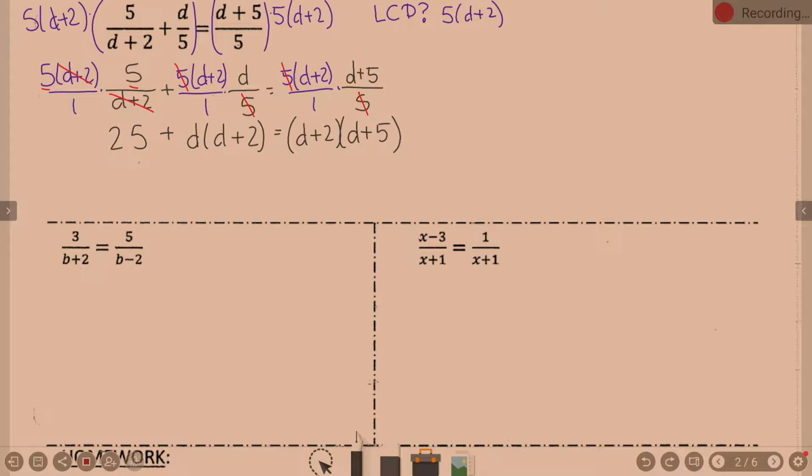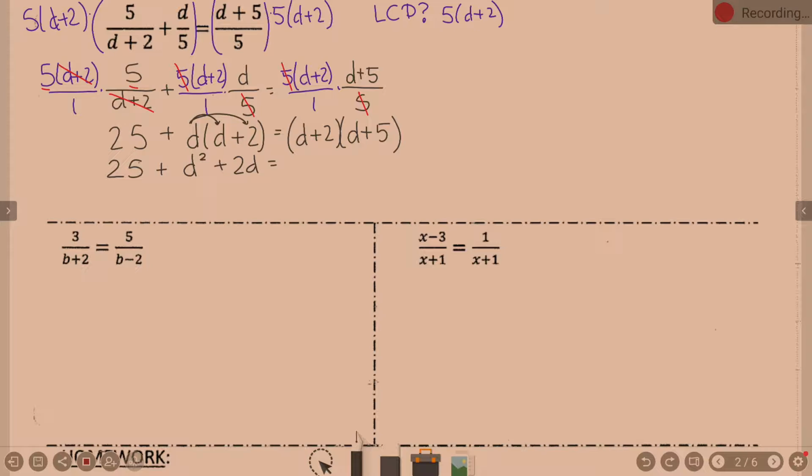Now let's go through and do some multiplying. 25 is 25 plus, how do I multiply d times d plus 2? Distribute. Yeah, we're going to take that d and distribute. D times d is d squared, plus d times 2, 2d.